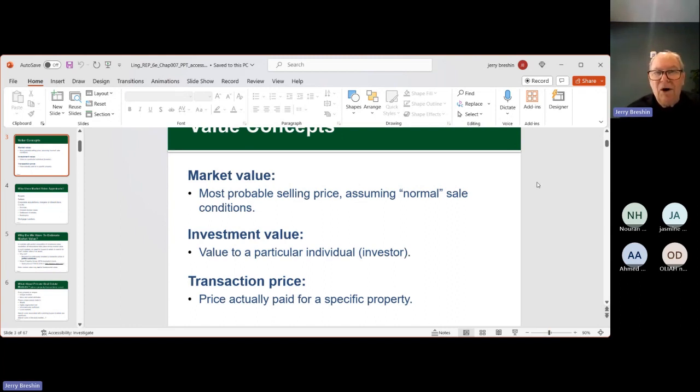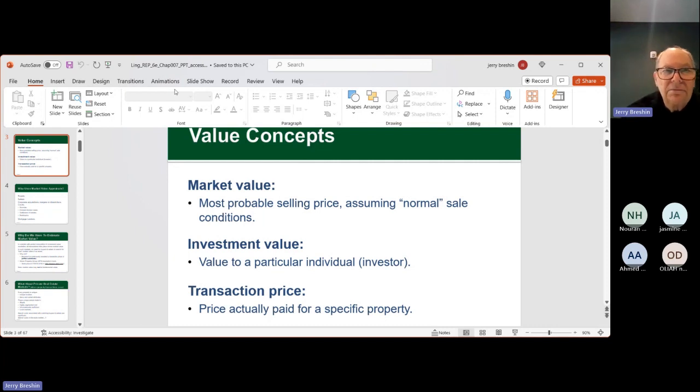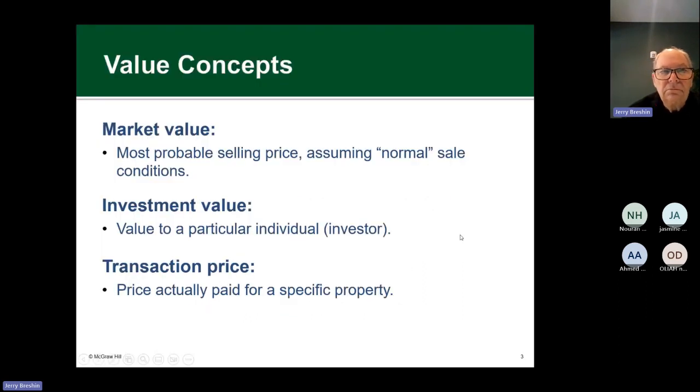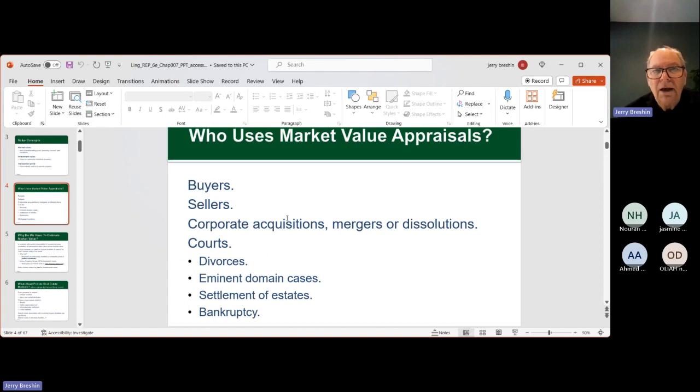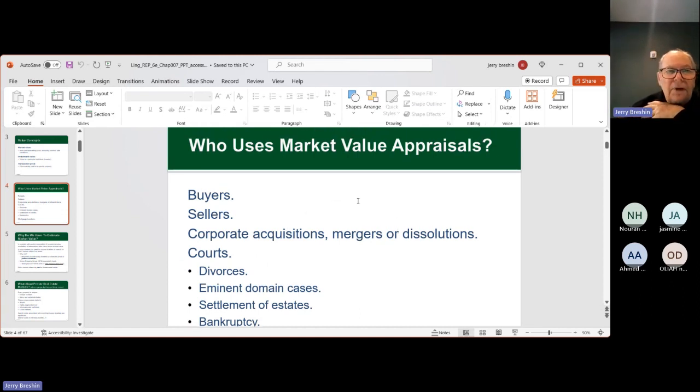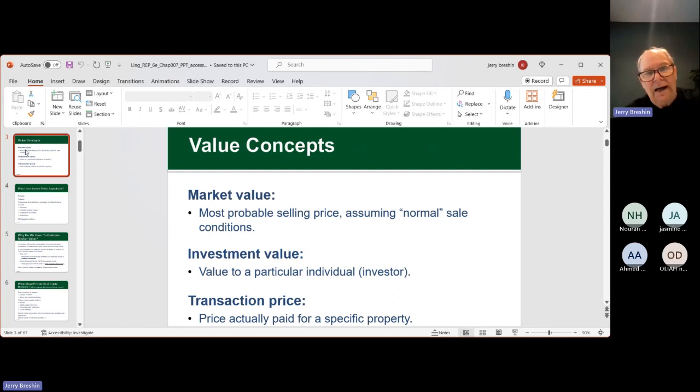Okay, we have the market value, the investment value, and the transaction.